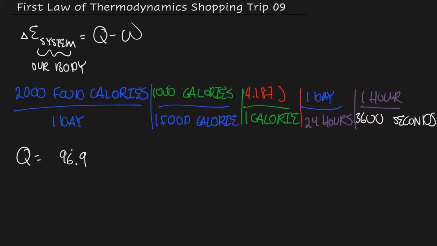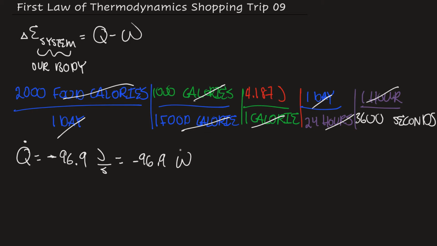And this is heat dissipation, so our system is losing heat. So we have to subtract, make it negative, and we'll look at the units. So food calories cancel out, joules stays there, days cancel out, and the hours cancel out. So we have joules per second. So this actually isn't just heat, it's heat with respect to time. And joules per second, we know, is watts, so 96.9 watts.